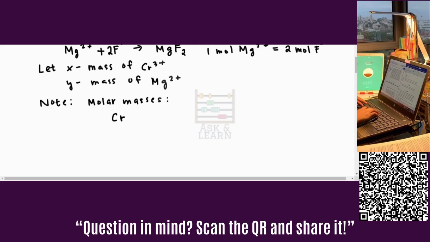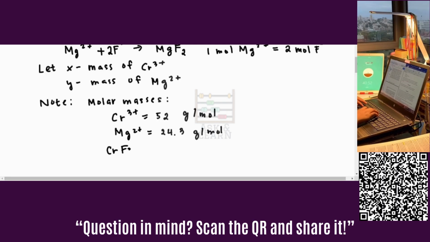So for Cr3 plus, although this is an ion, its mass is the same as the mass of the neutral element or the neutral atom. So the molar mass of the chromium ion is the same as the molar mass of Cr, which is 52. Whereas for Mg2 plus, it's 24.3. By the way, the units for these are grams per mole.